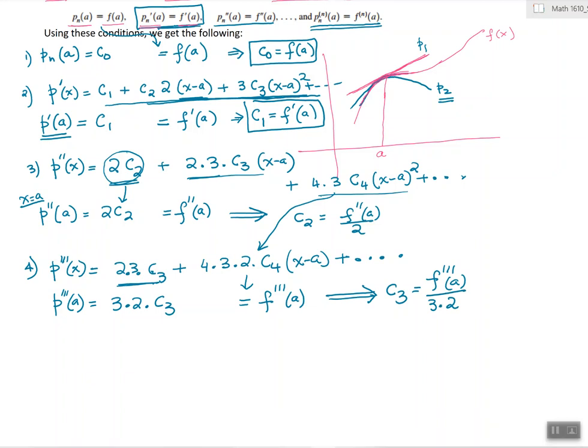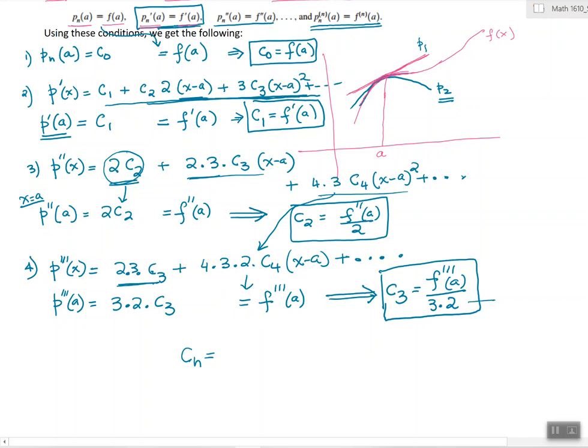So clearly we have a pattern here. I hope some of you are catching on to the pattern. So let's see. Can we write what cn would be? Well, when it is c2, it's the second derivative at a divided by 2. When it's c3, it's the third derivative divided by 3 times 2.